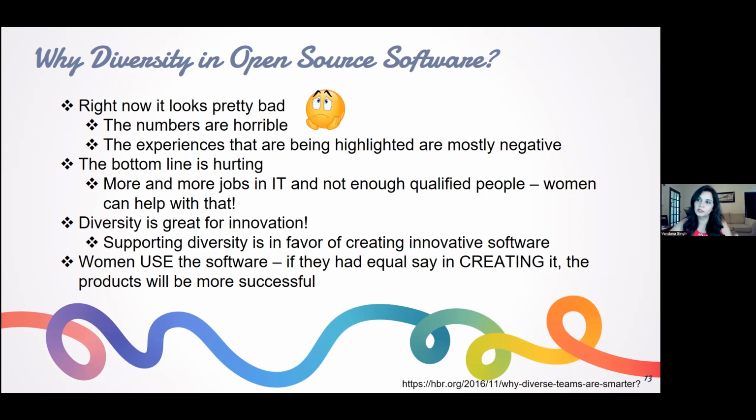You hear about a lot of issues and about women's life experiences through blogs or other channels, that it's not a very positive environment. There is a lot of anecdotal and self-reported evidence of negative experiences in open source software, which is definitely not good PR.